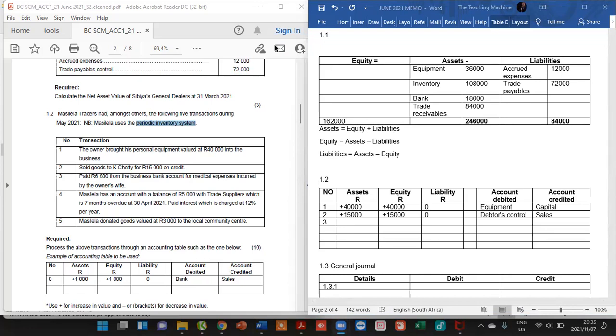So if it's the perpetual inventory system, which accounts will it be? I think we need to put this into practice so that students can understand. If it was a perpetual inventory system, you would have something like a markup on cost. I hope students can see my screen. This is an example where markup on cost is 50%.